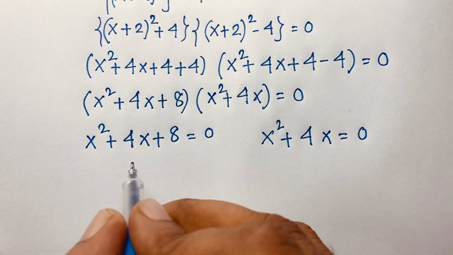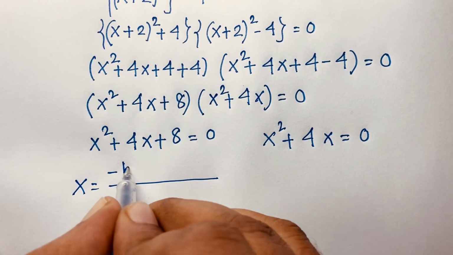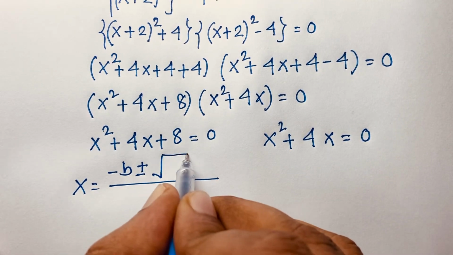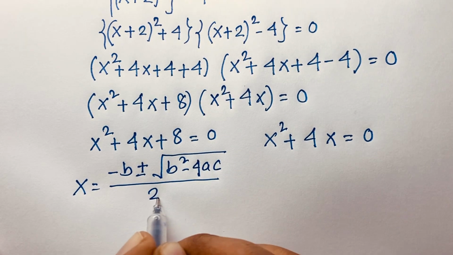Now in this quadratic equation, x = (-b ± sqrt(b^2 - 4ac)) / 2a.